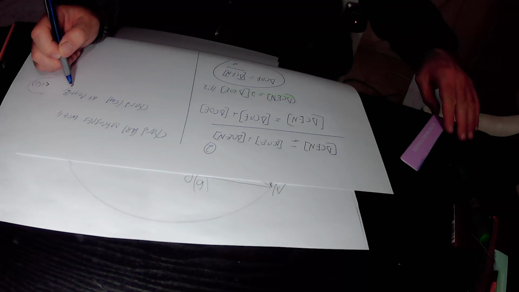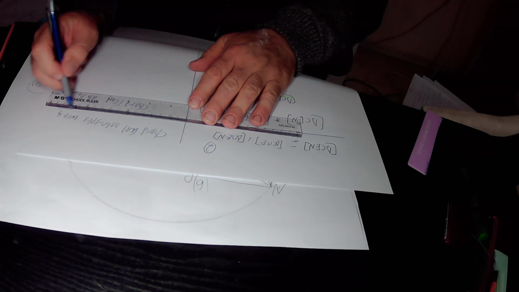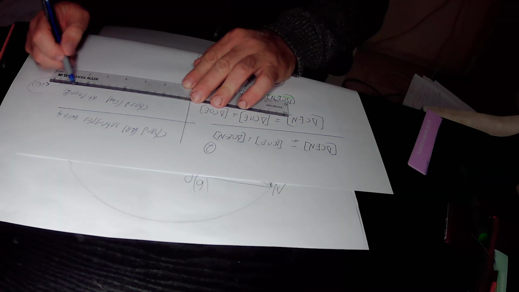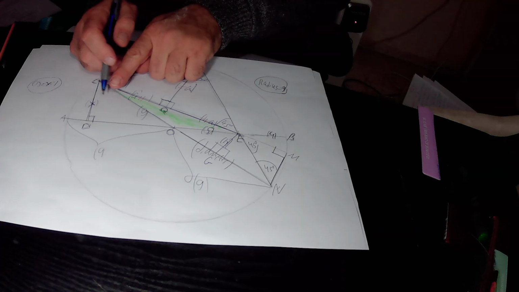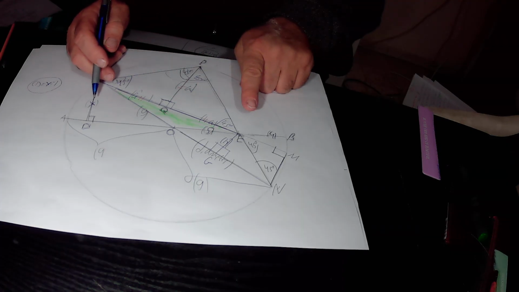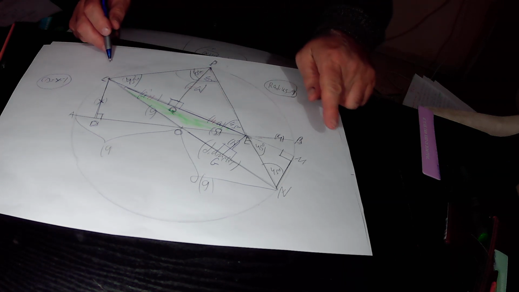And therefore, according to rule 65, the following equation is true. AE times EB equals CE times EM.